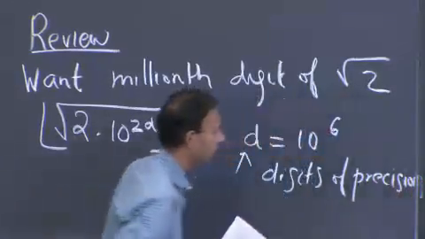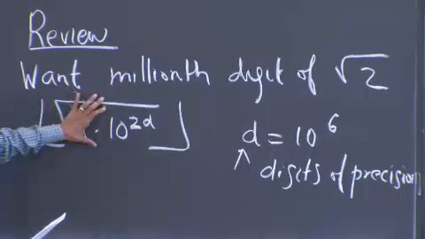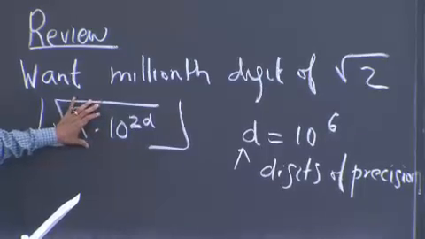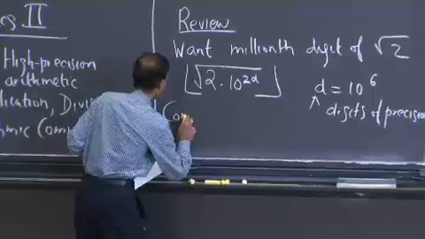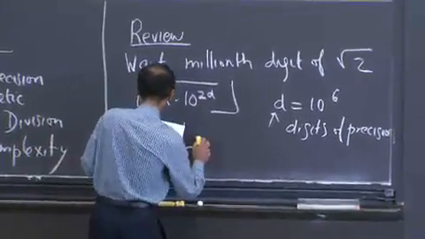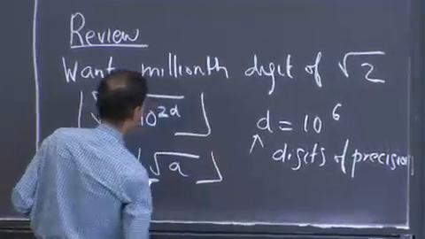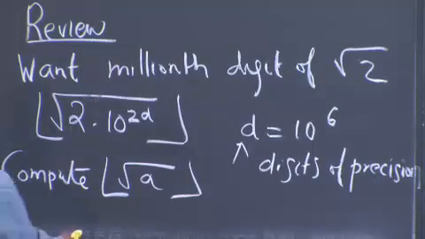So we'll take a look at an example or two here as to how this works with integers. But what we do is compute essentially the floor of the square root of some quantity a, via Newton's method.